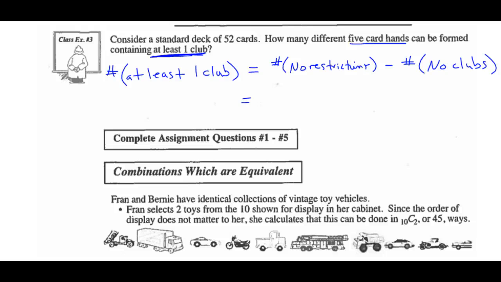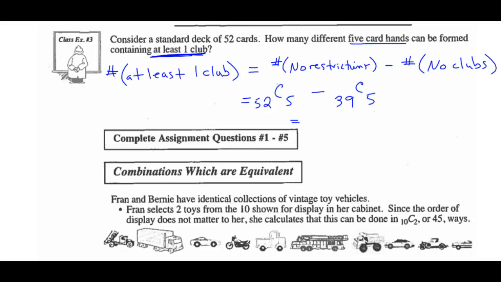So no restrictions, we've done that. There's 52 cards in the deck. We want to choose a 5-card hand. It's combinations because order is not important. From that, we're going to subtract the number of hands of having no clubs. Well, there are 13 clubs in the deck. That means there's 39 not clubs. And we need to choose 5 of those. So now that's calculator work. 52 choose 5, subtract 39 choose 5.